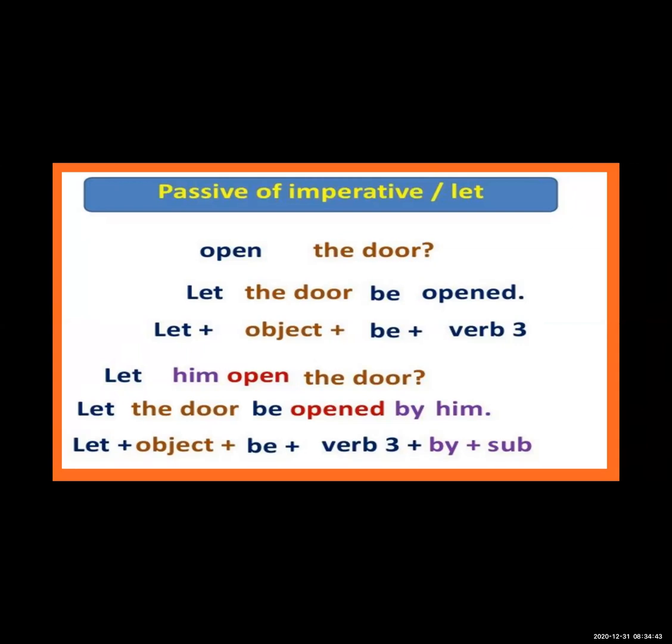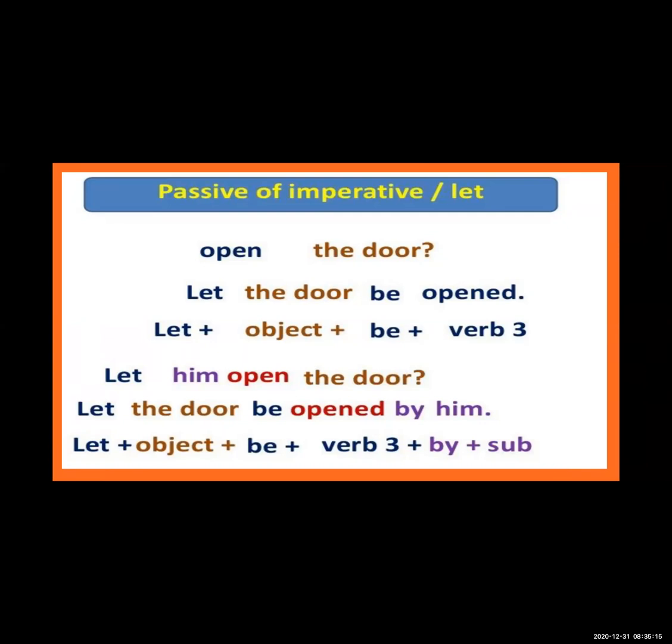Subject is there, it is hidden, before the verb. When I am saying open the door, I am saying to someone, there is some person to whom I am saying that open the door. So the subject is hidden, that you open the door, he opened the door. So how we will convert this sentence? Let the door be opened.